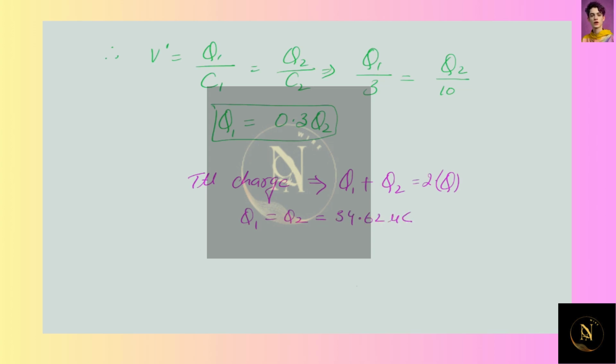So putting the value here, 0.3 Q2 plus Q2 is equal to 2 multiplied by 34.62. So from here the value of Q2 comes out to be 2 multiplied by 34.62 divided by 1.3, and after solving, the value comes out to be 53.26 microcoulomb.